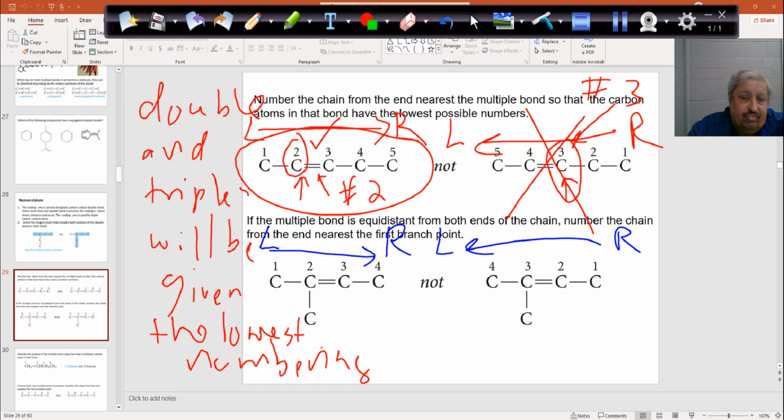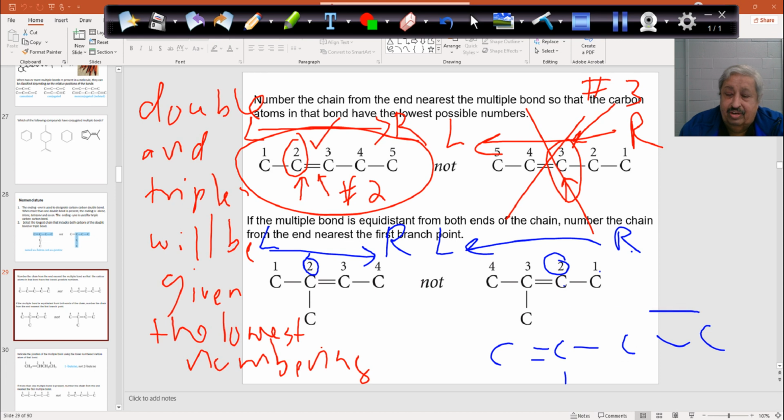So if I go from left to right, the double bond is number 2. Everybody's following? If I go from right to left, here's number 2, this one is identical, by the way. So if you look at this from 1 to, this is number 2 too, so that's identical. But what is meant if I have something like this?